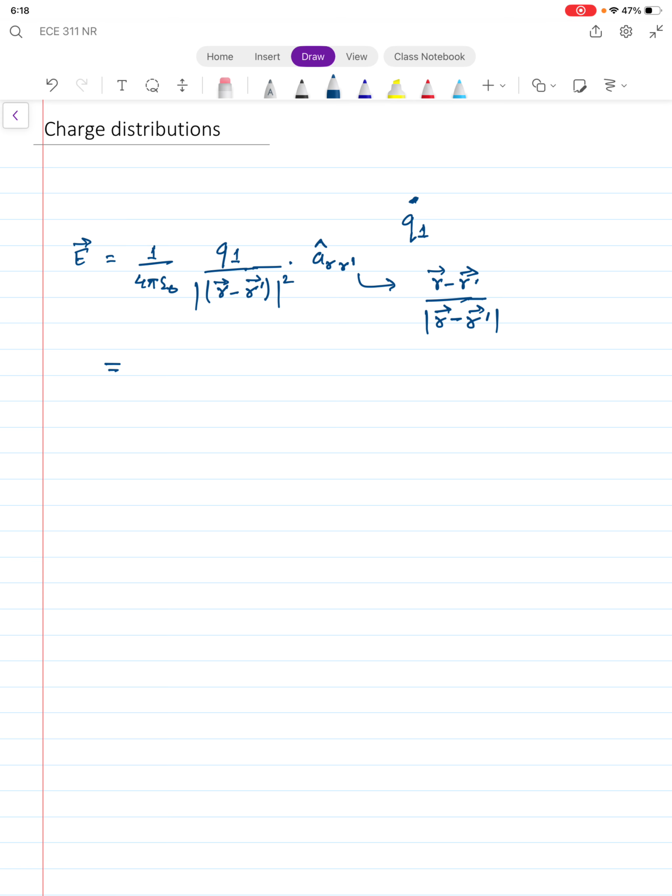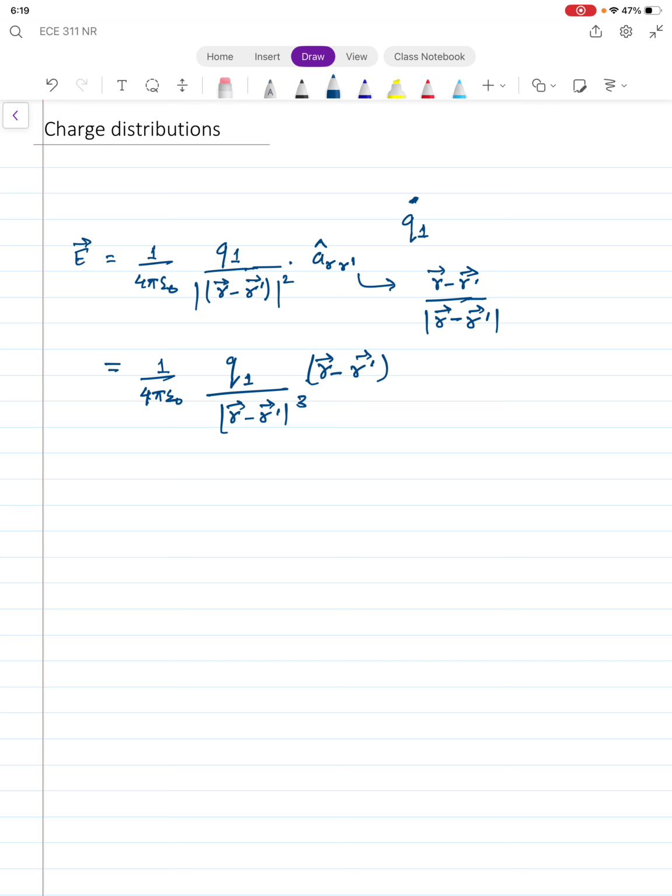So this electric field due to q1 can also be rewritten as 1 by 4 pi epsilon 0, q1 stays as it is, divided by the magnitude of r minus r prime cubed times r minus r prime. Alright, so this is due to a single point charge q1.